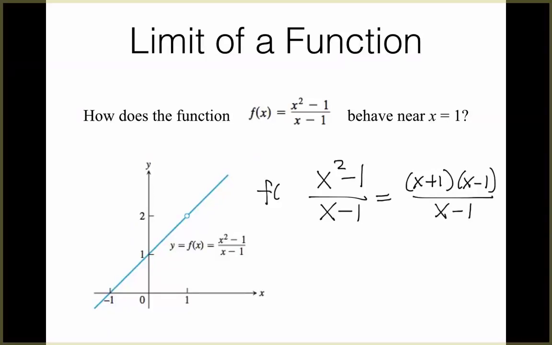So f of x can actually be written in factored form as x plus 1 times x minus 1, divided by x minus 1. And if you plug in any value of x other than 1, the terms x minus 1 will just cancel out in the numerator and denominator.